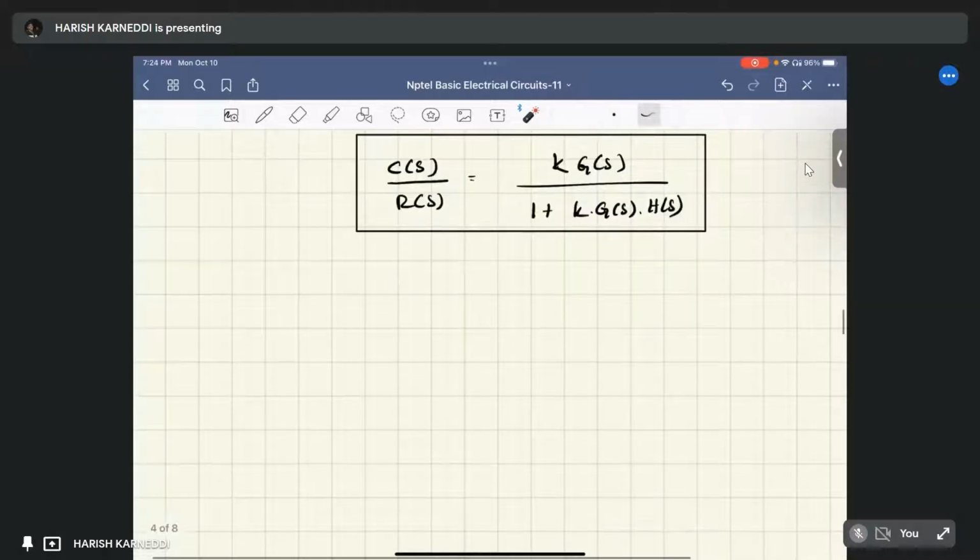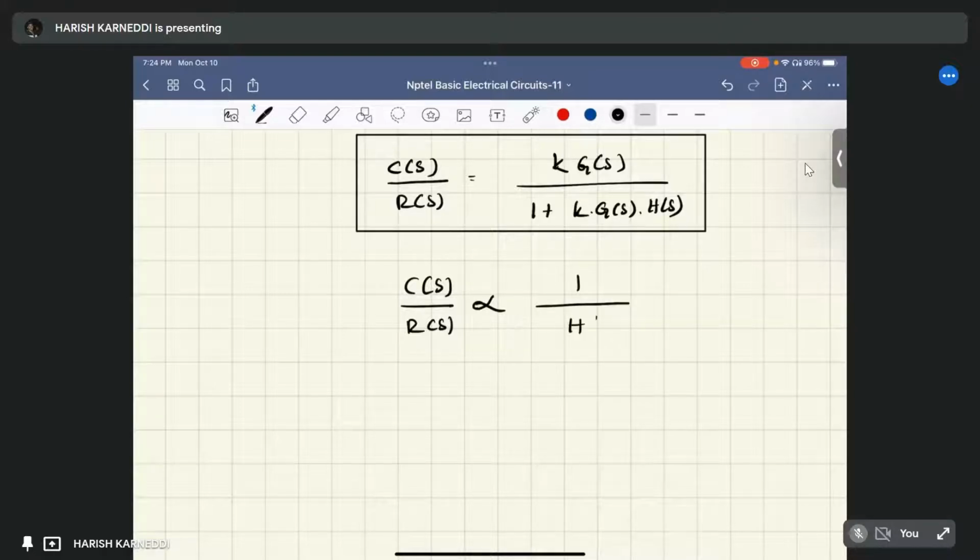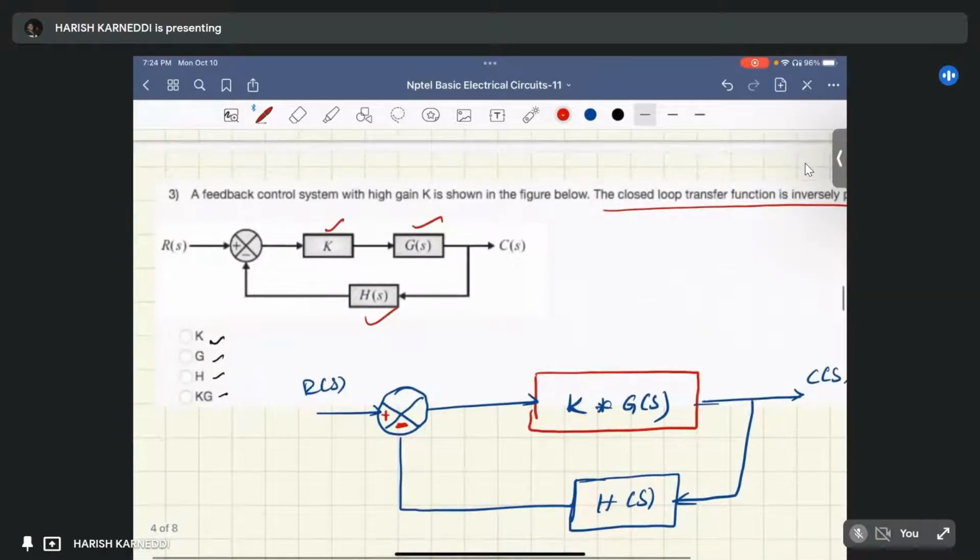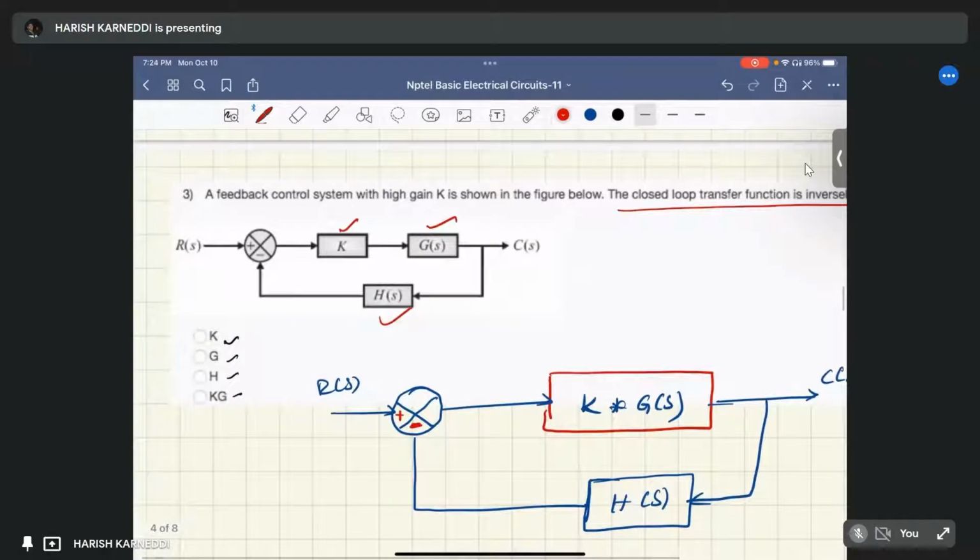So we can write C of S by R of S proportional to 1 by H of S. Because only the H of S term is in the denominator, we can write C of S is inversely proportional to H of S. The H of S term is inversely proportional to the closed loop transfer function.